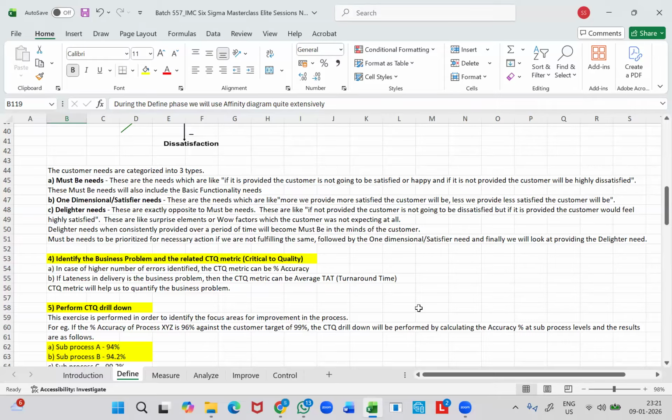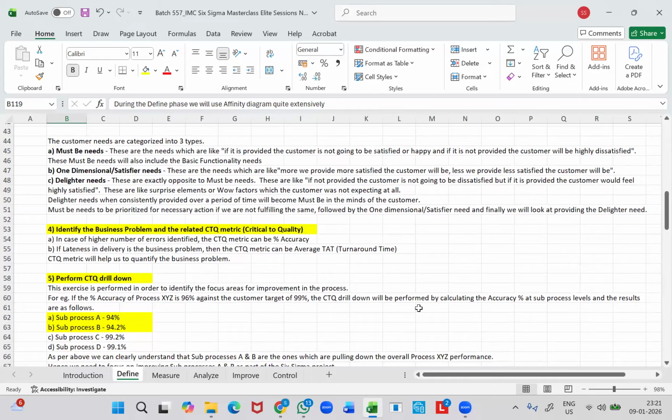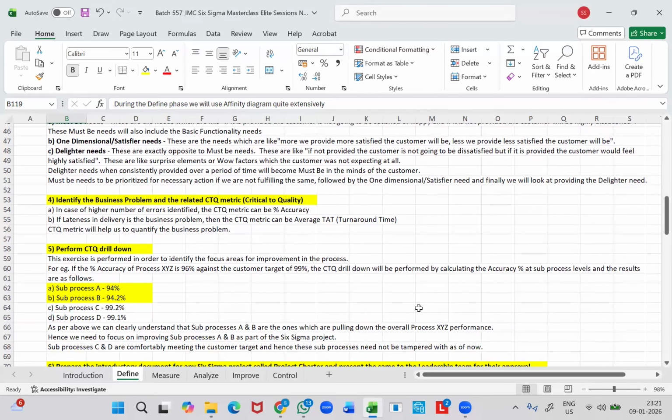So as part of the CTQ drill down exercise, it's important for us to identify those process areas which are actually pulling down the overall process performance so that we can focus on improving those process areas alone as part of the Six Sigma project exercise. The rest of the process areas will be kept out of scope as far as the project is concerned.